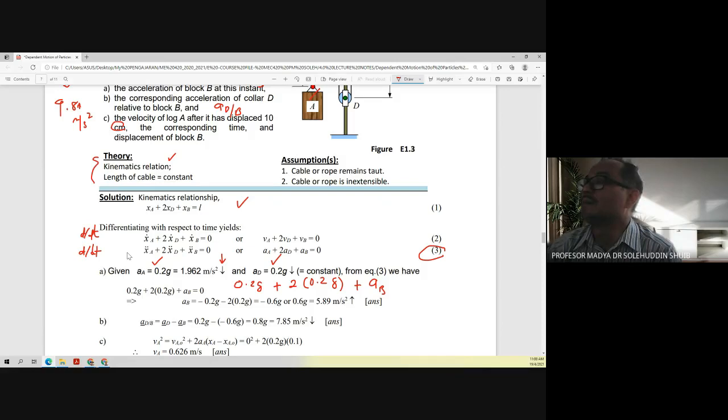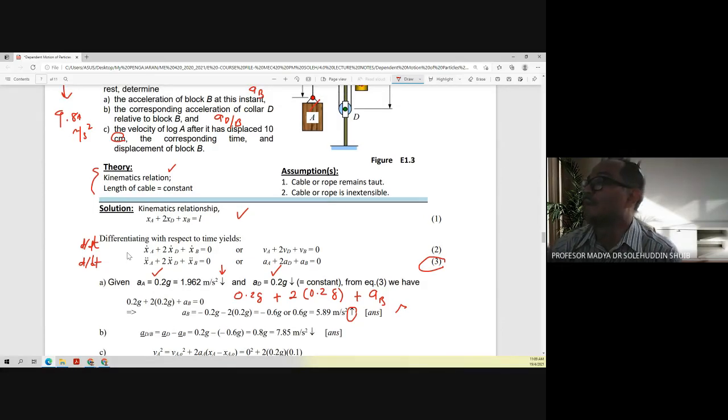You get 0.6 g, which is 5.886, or 5.89 meter per second square, and the direction is upward.